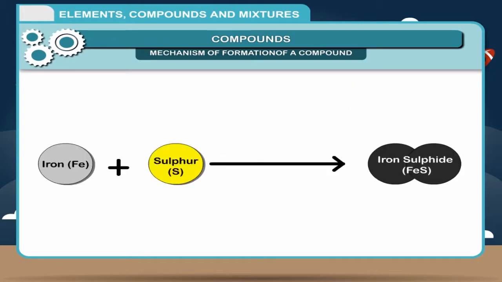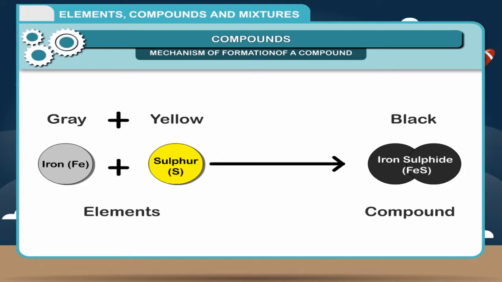Diagrammatically, the change can be shown as iron, Fe, plus sulfur, S. Elements: grey plus yellow. Black, iron sulfide, FeS. Compound. If you look at the table showing symbols of elements, you will find that the symbol of iron is Fe and sulfur is S. Hence, the formula of iron sulfide is FeS.